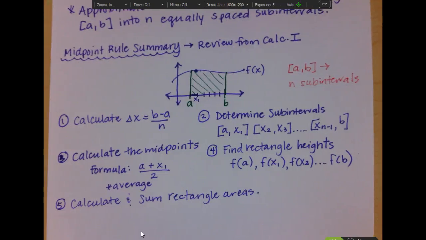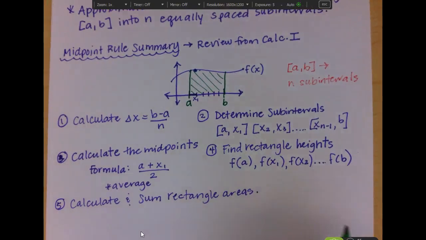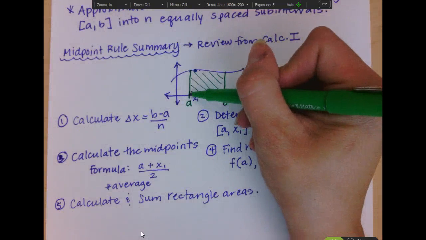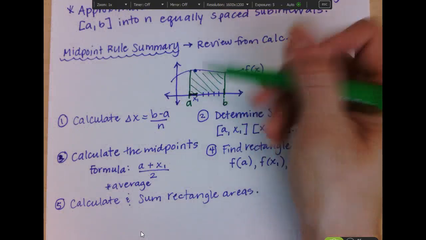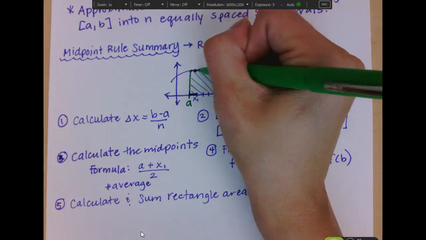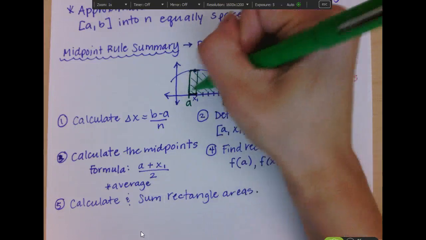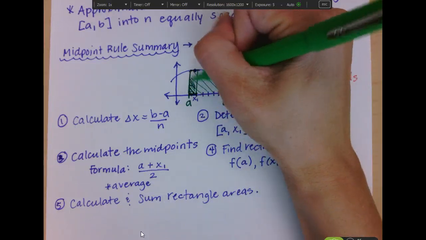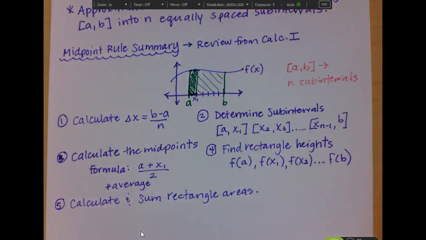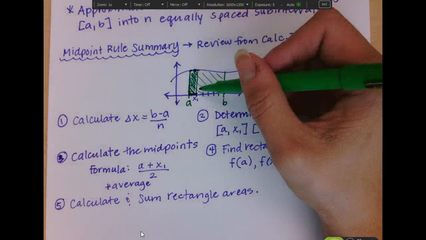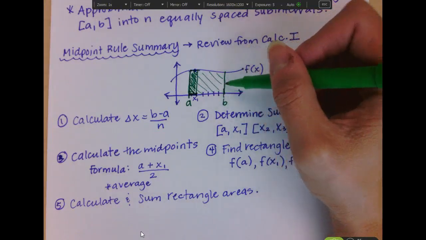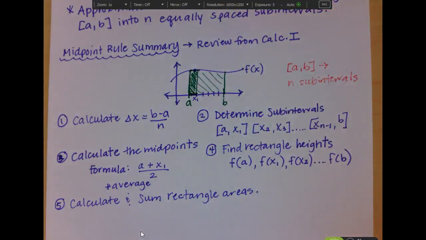It's not much of a shortcut, but it's worth mentioning. Each time I'm finding the area of a rectangle, I'm going to take the base of that rectangle and multiply it by, of course, the height of that rectangle in order to get me the area of one rectangle.